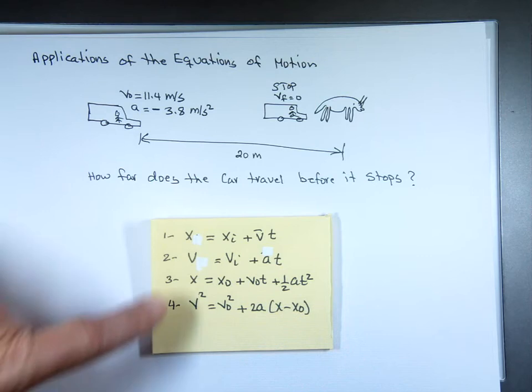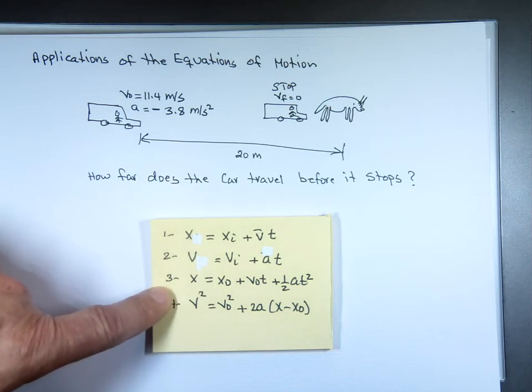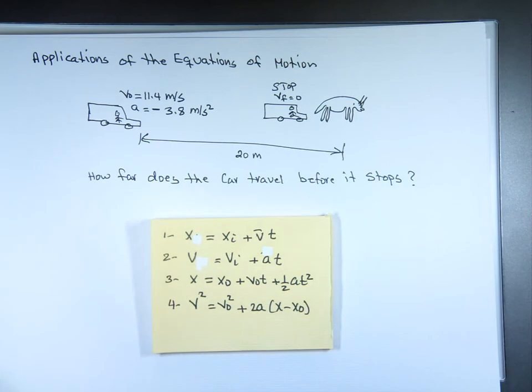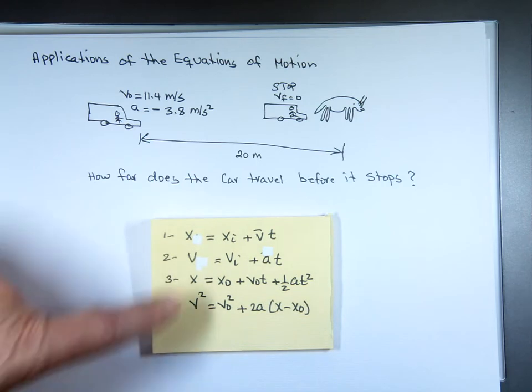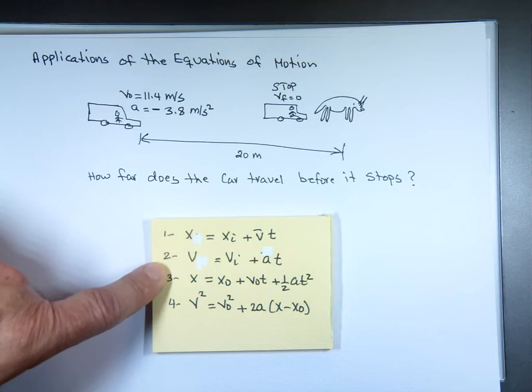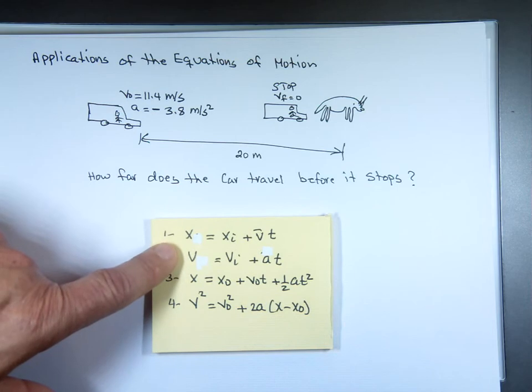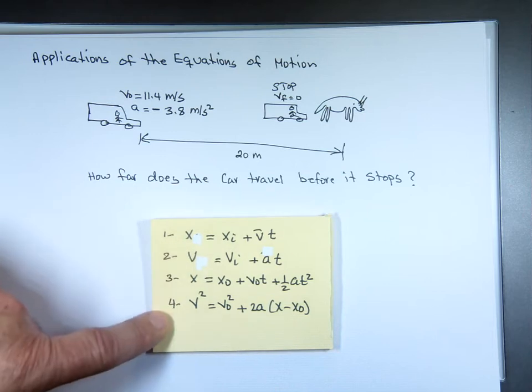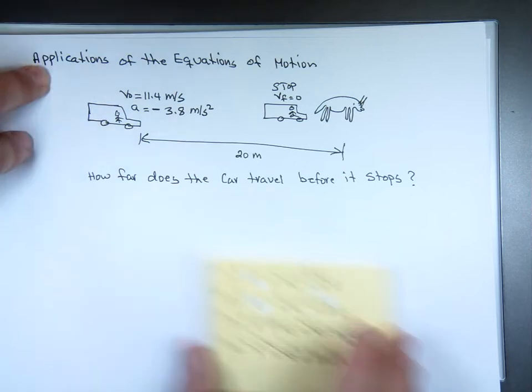Can I use equation number 3 to give me the distance x? We don't know the time. Good, that's out. Can I use number 2? Well, that doesn't have distance in it. That's out. Can I use number 1? Not really. Why? You don't know the time. Can I use number 4? Possibly.